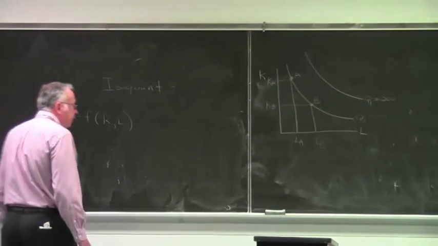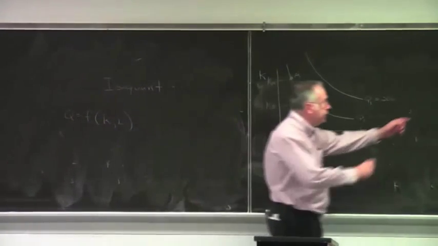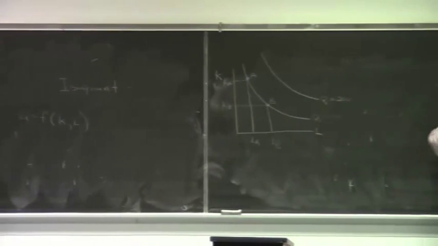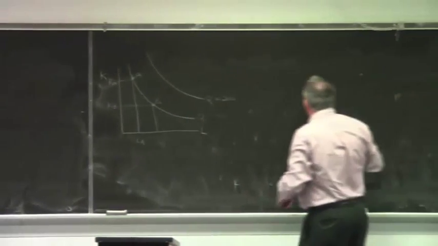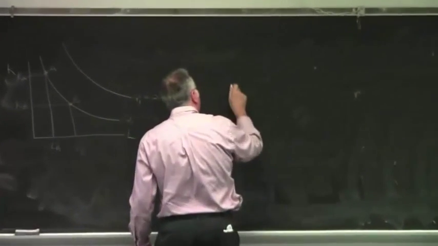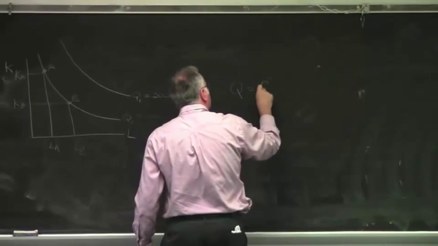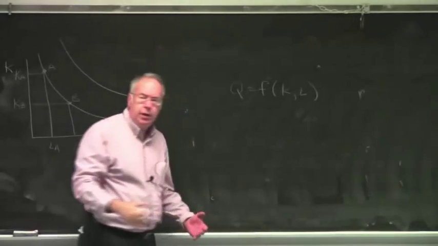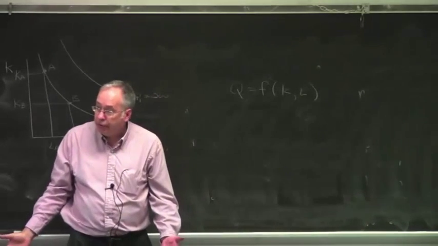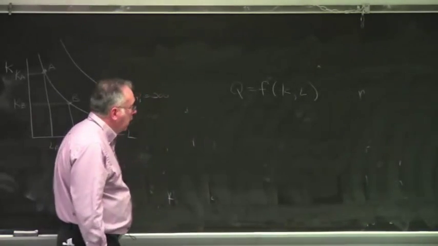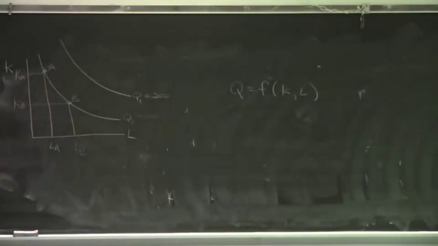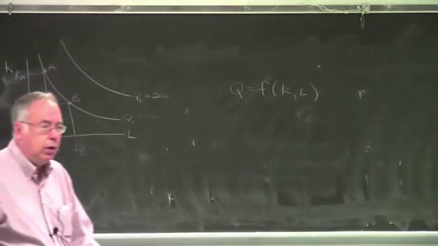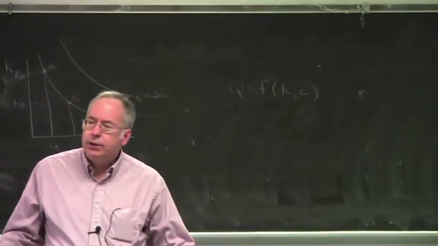If you have a production function like this, Q equals F of K and L, and in economics, this function is just called the production function. Okay. What would the total differential of this expression be? If we were to take the total differential of Q, it's called dQ.